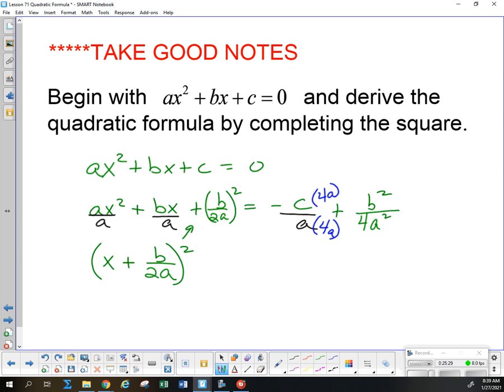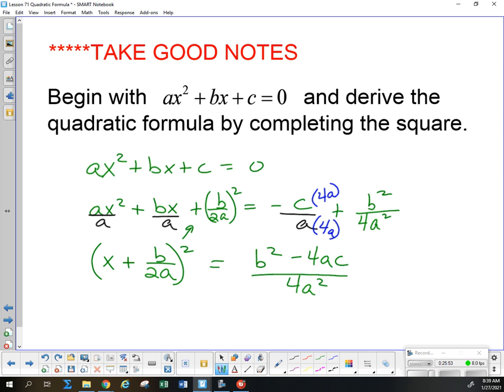That means that what I have, and if I use the commutative property, I've got the b squared over 4a squared. And now I also have minus c times 4a, which is minus 4ac, all over 4a squared. So I switched the order and I did that multiplying.